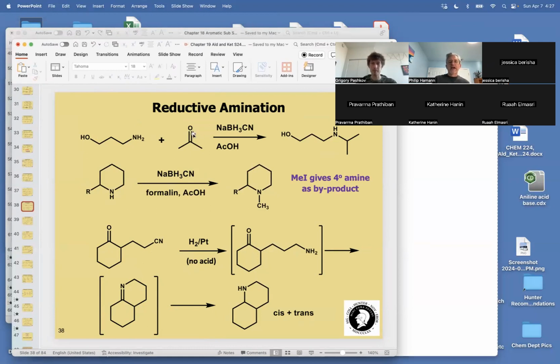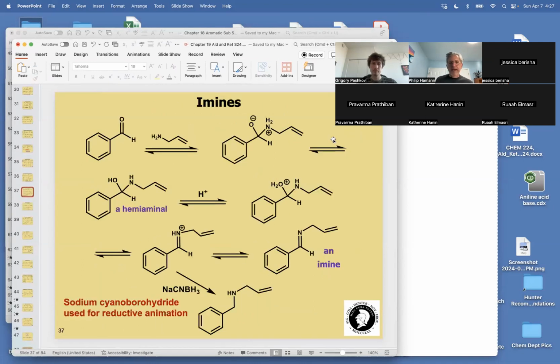So it's a reductive alkylation. A reductive alkylation puts an aldehyde or a ketone together with an amine, and you make an amine. And the mechanism is here, although I used allylamine here. Don't be afraid of the stuff that goes along for the ride.